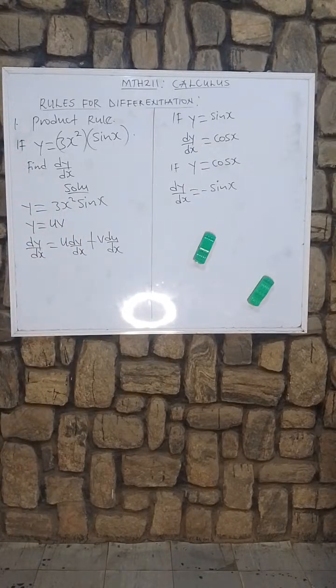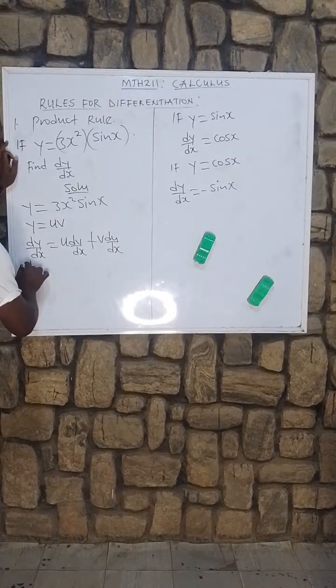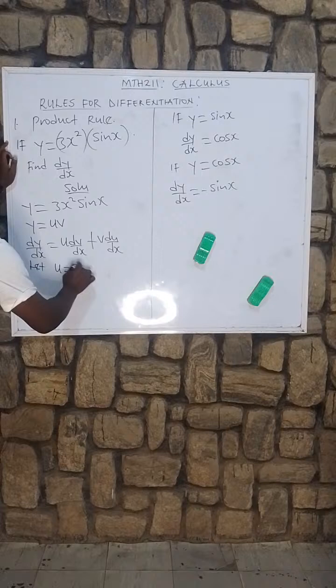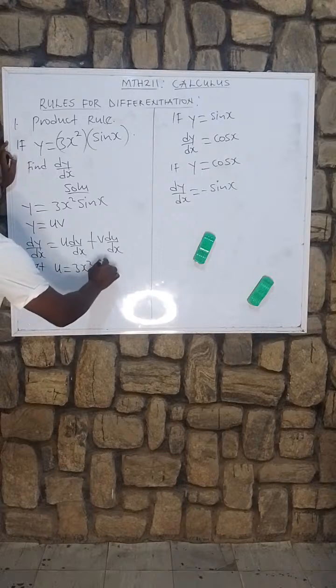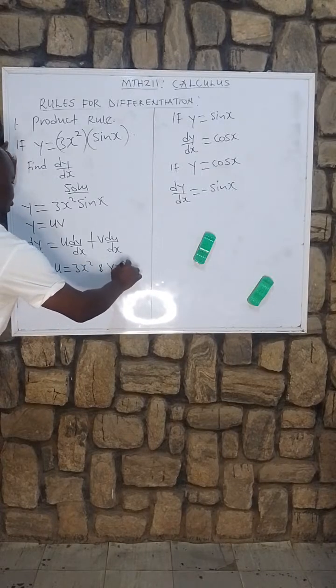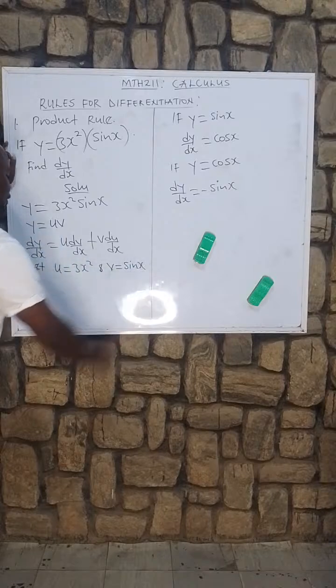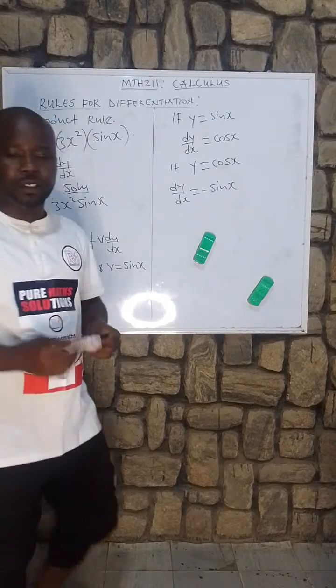So now you have to compare the function with the formula. You don't need a prophet to tell you which one should be your u and which one should be your v. Let u equal 3x squared and v equal sine x. Amen? True or false?